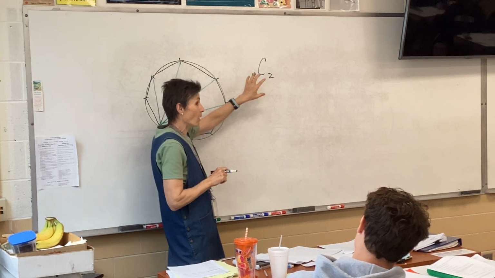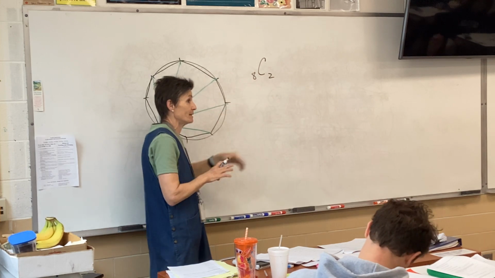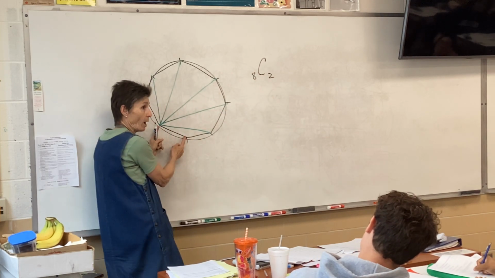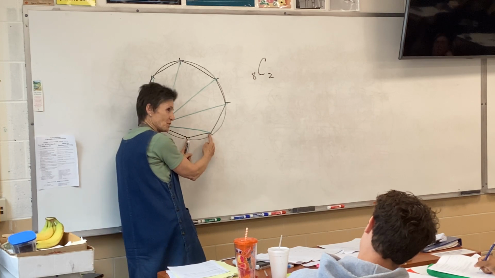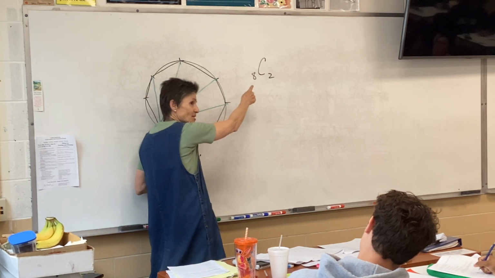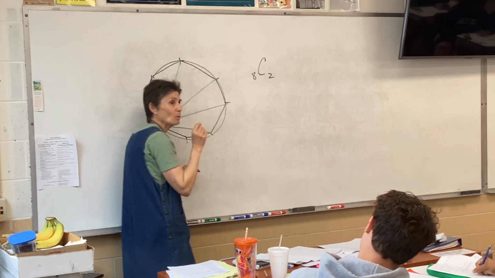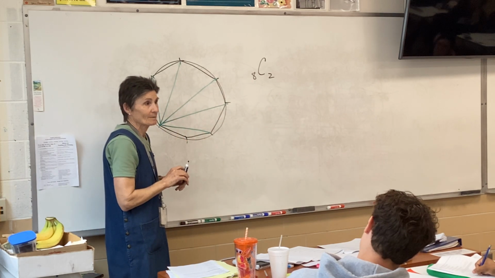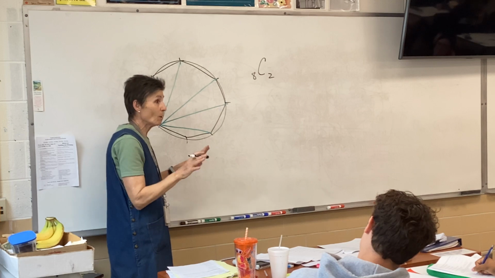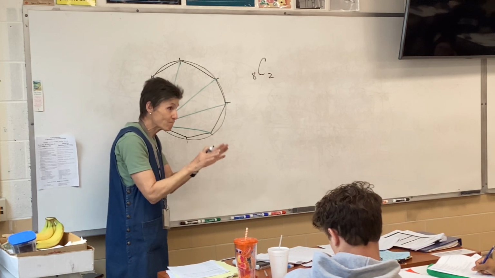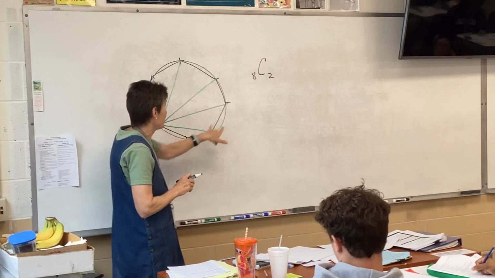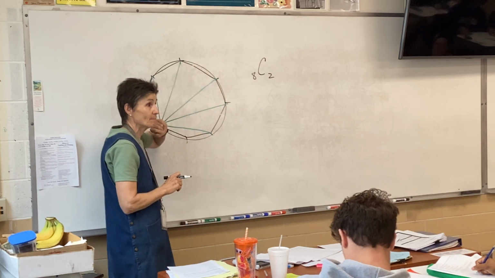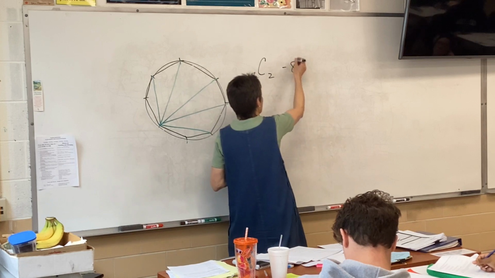Now this would be all the possible segments, including this one, which I don't want, and this one, which I don't want. So that's the total. How many of them do I not want? 8. I don't want the sides, right? I want every possible joining of the points except for the ones that make the sides. So this will be the answer to the question.